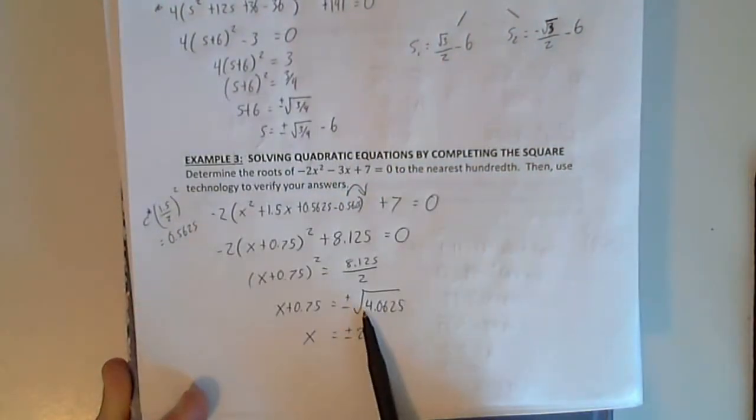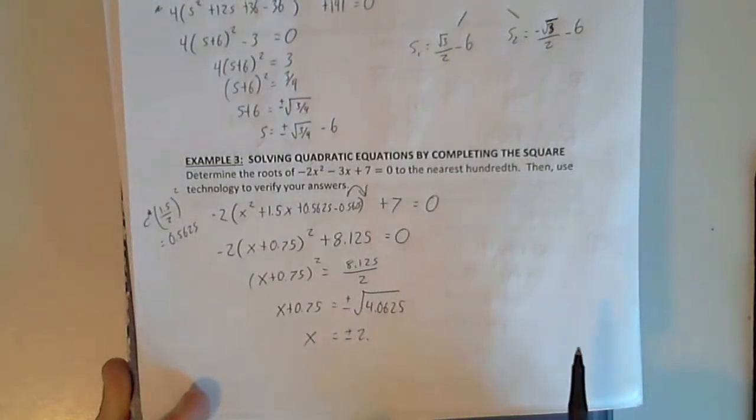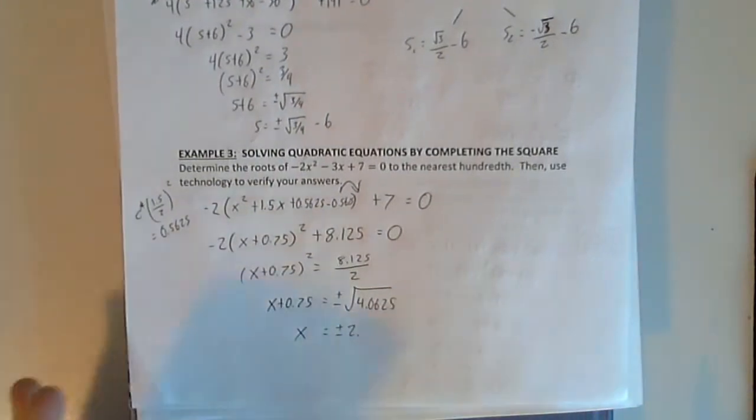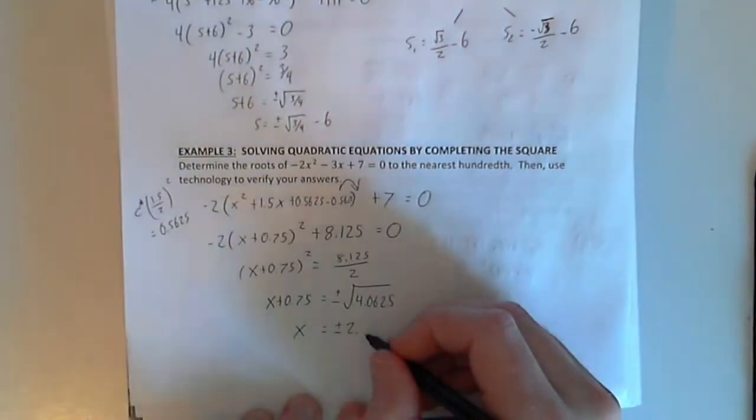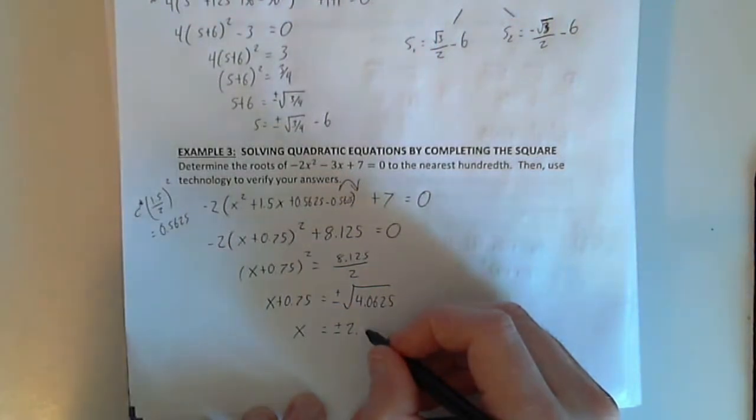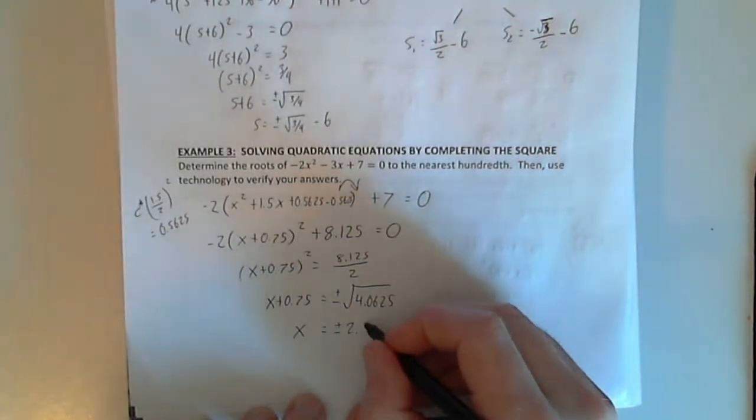Once you've taken the square root, you're pretty much done with all the rounding. So now we can just get to hundredths. And it's actually really close to the borderline, but it should be 2.02.